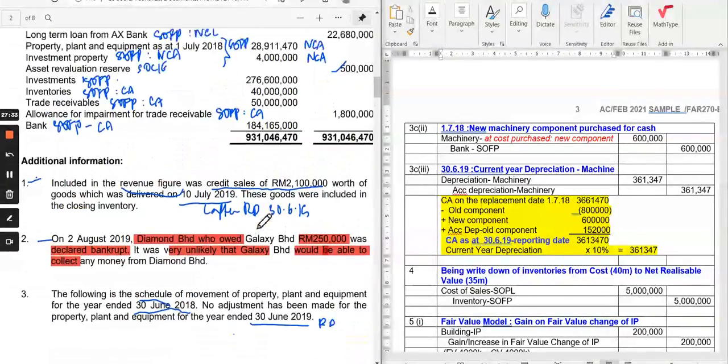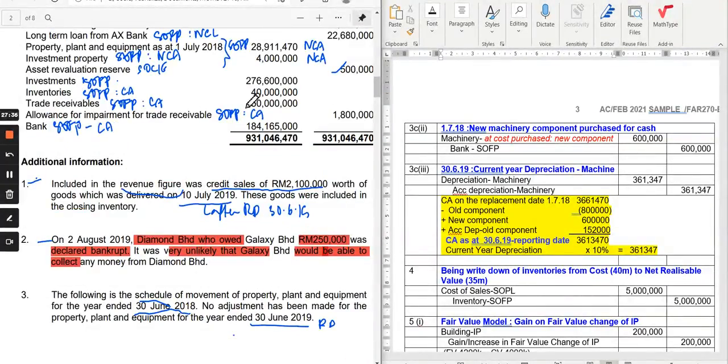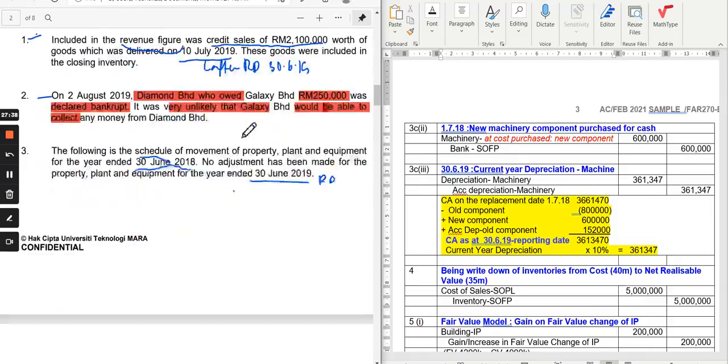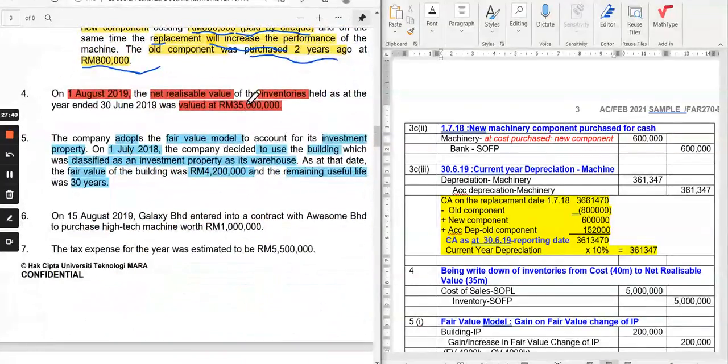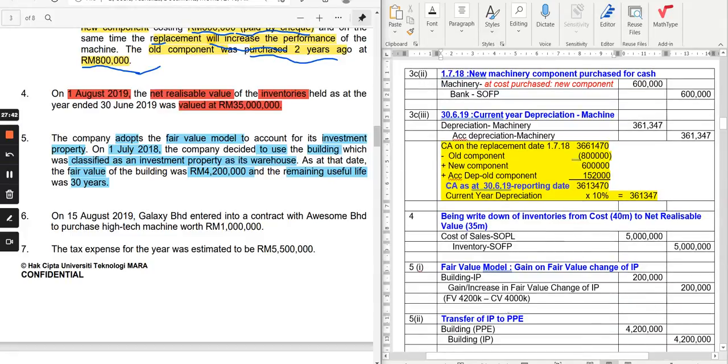So the cost of the inventory, if you check here, is 40. It is now being revalued to 35. Therefore, the inventories being written down would be 5 million. So debit cost of sales in the SOPR, credit inventory.